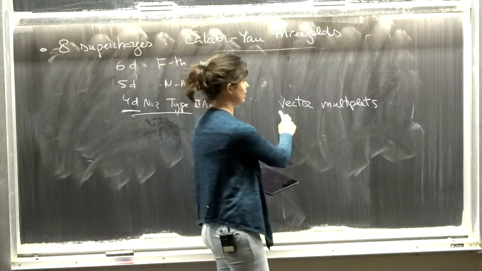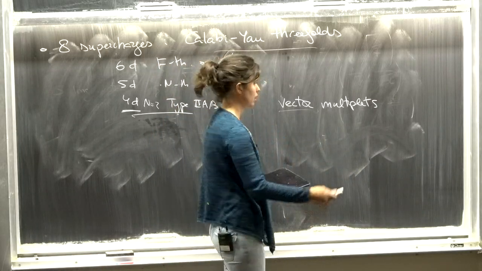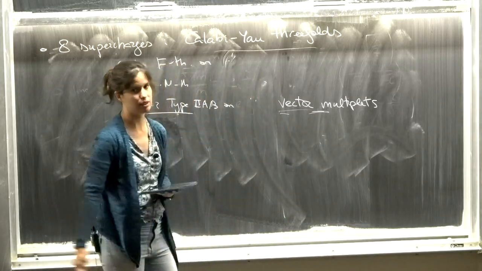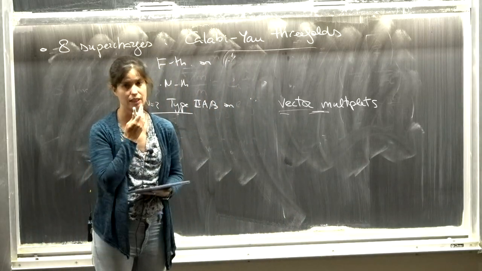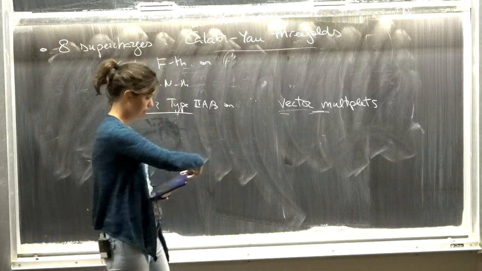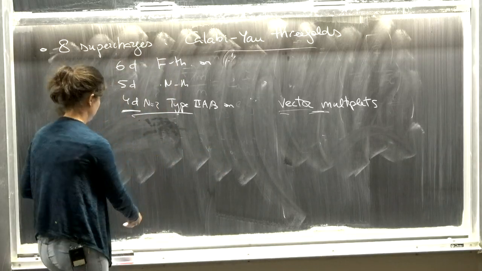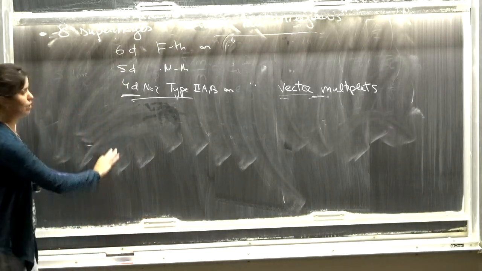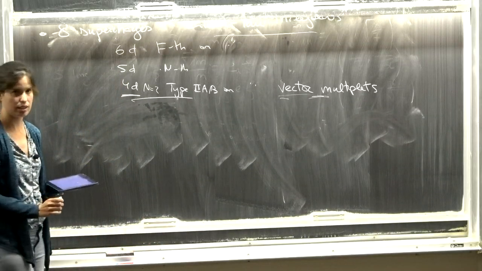So you focus on the scalars in the vector multiplets. We can have a proof of the distance conjecture based on the geometry of these Calabi-Yaus and the physics of BPS states. So maybe, even if I don't have much time, let me give you a flavor of this to finish the lecture.